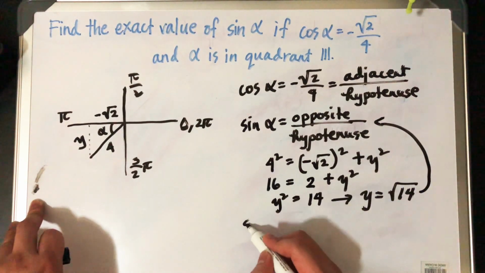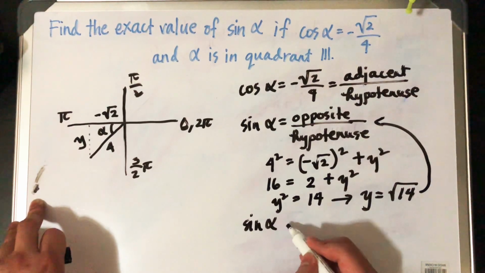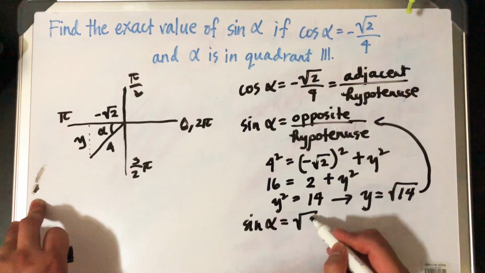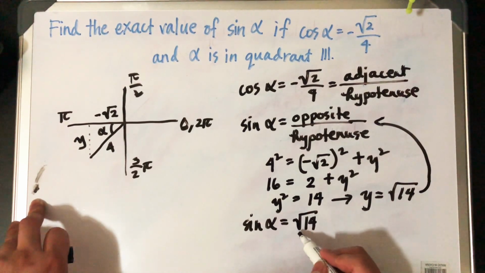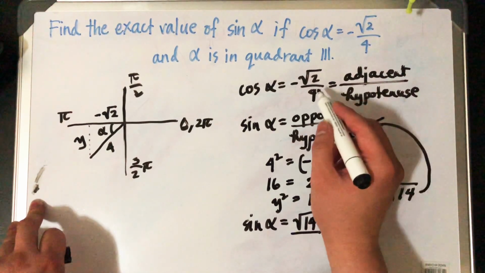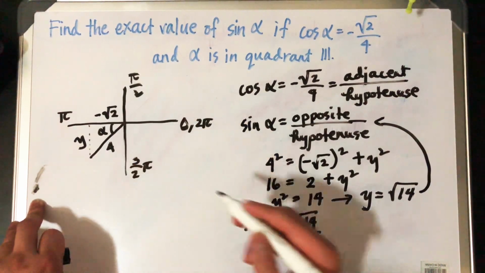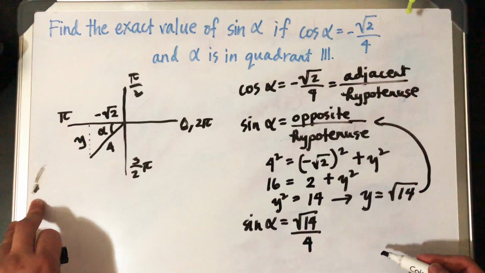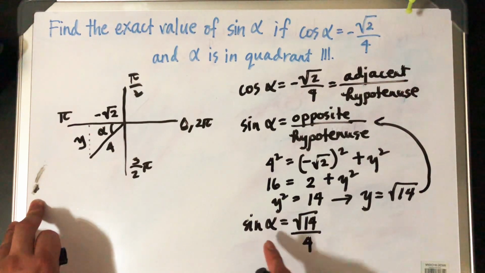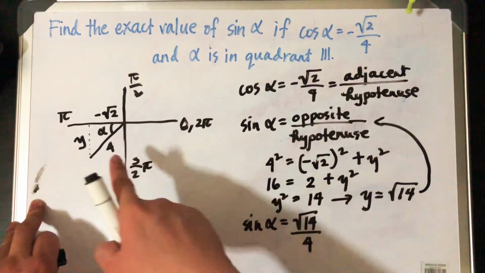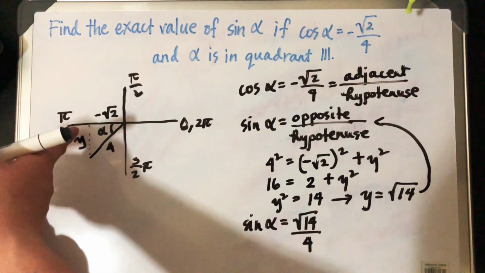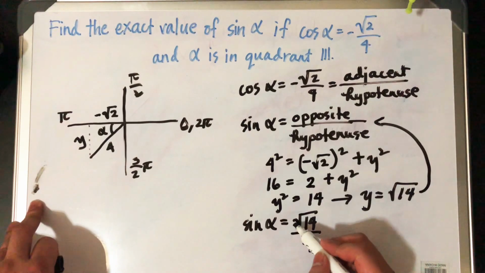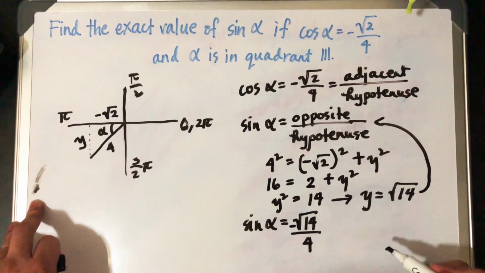So sine alpha now is equal to, now the opposite is square root of 14, then over, the hypotenuse is 4. Now, since it is in the third quadrant and as you can see that y is going down, meaning this is a negative value.